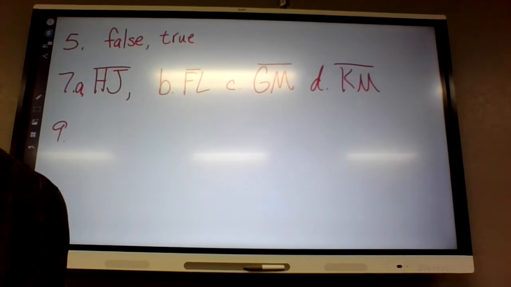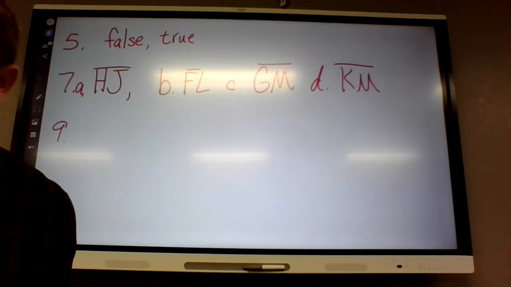Forget the big triangle for a second. We know those triangles on the right are congruent because they tell us PO and OQ are the same, right? They mark those both. And then we know those 90-degree angles. What else do they have in common? ON. So by side, angle, side, those triangles are congruent.